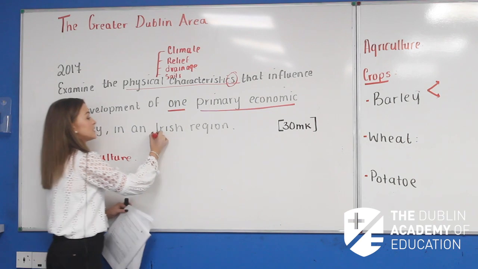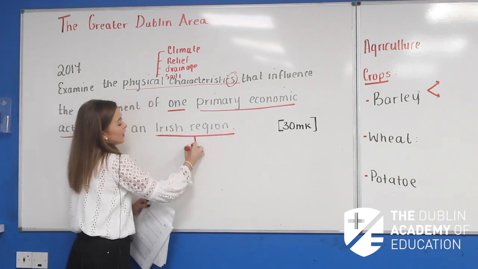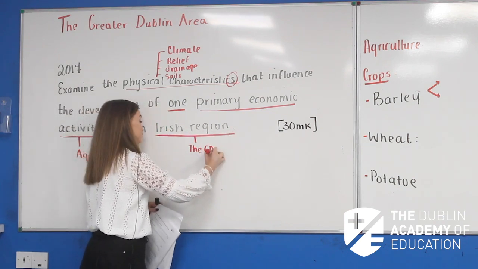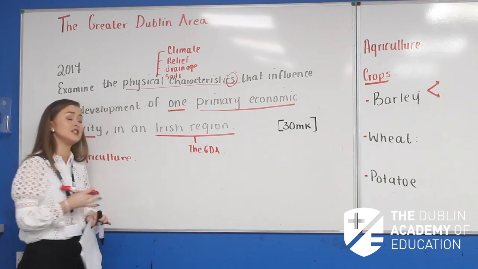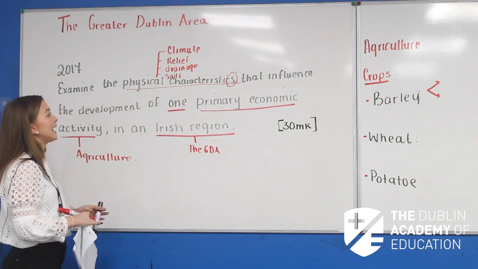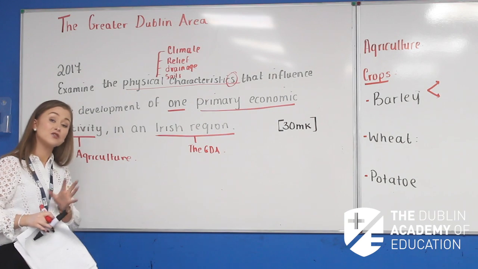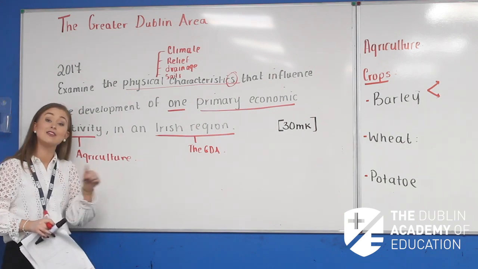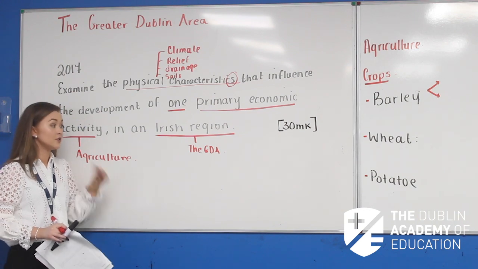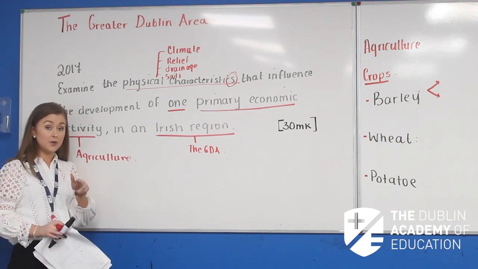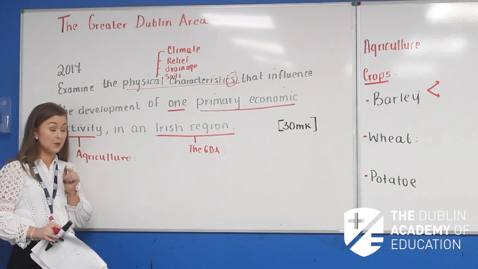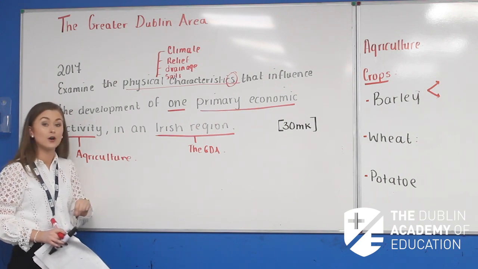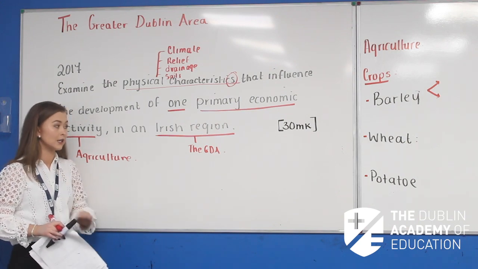In a, highlight the word Irish region, under that write down the GDA. So really what this question is looking at is how our physical characteristics, doesn't specify which, has influenced agriculture in the Greater Dublin area, i.e. Dublin, Wicklow, Meath and Kildare. Okay, so make sure you know that you can start any essay off with the counties it includes.